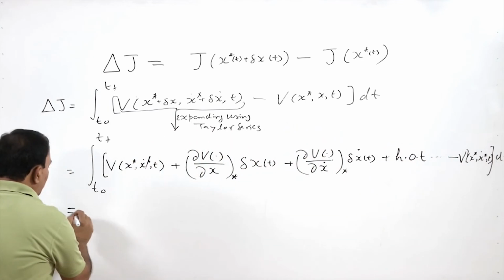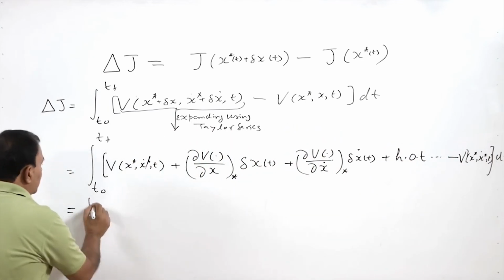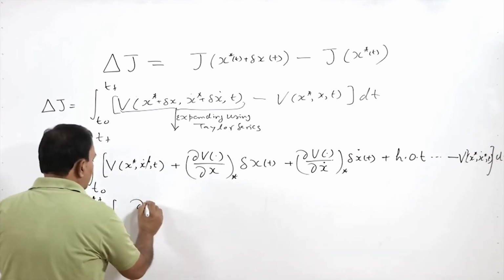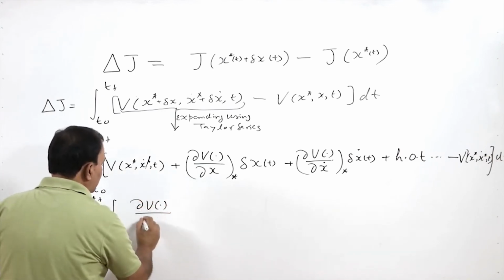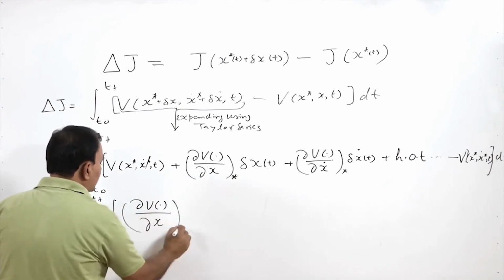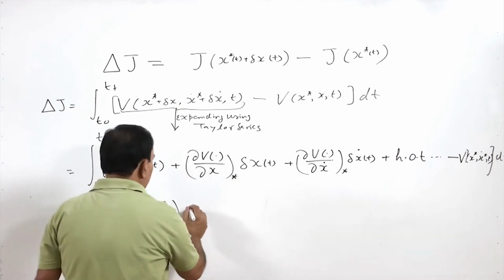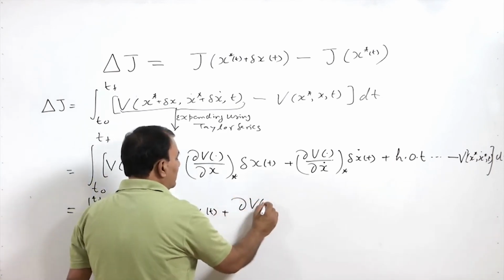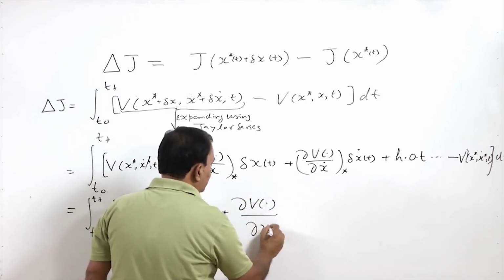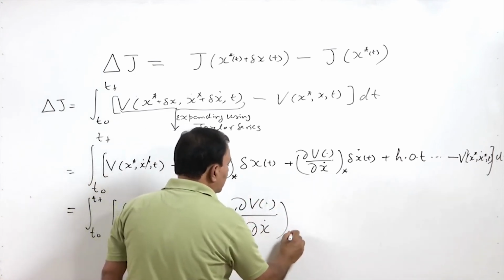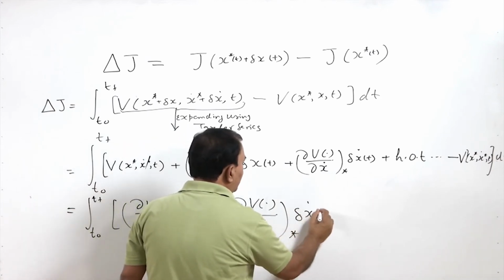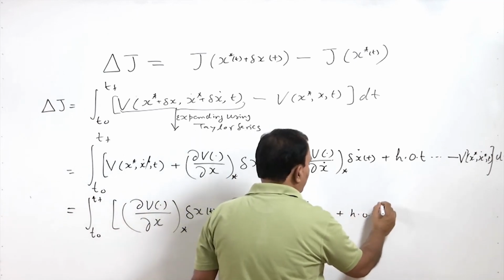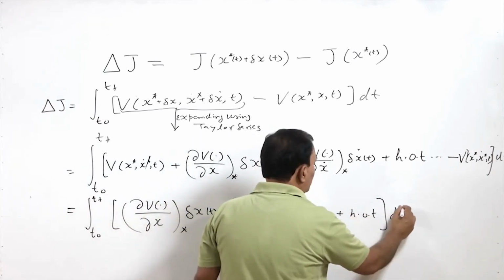So, I am left with the integral from T0 to Tf of del V by del x at the optimal point, delta x(t), plus del V by del x dot, delta x dot(t), plus higher order terms, into dt.